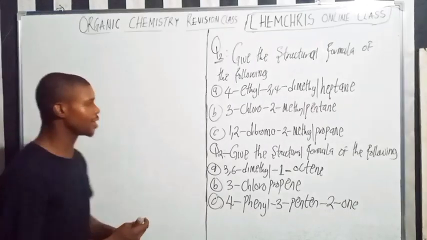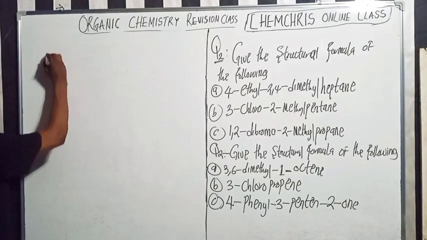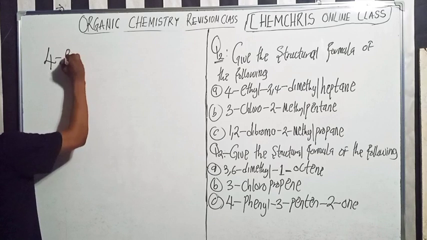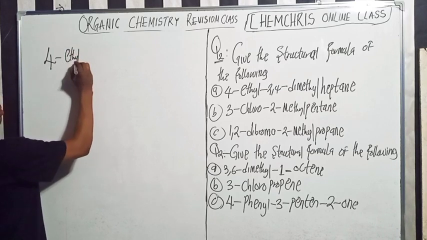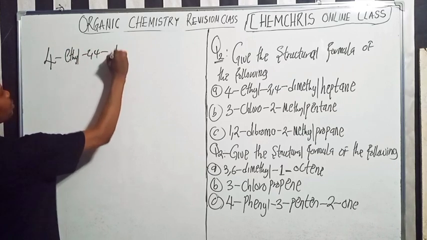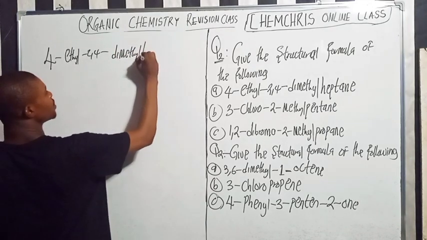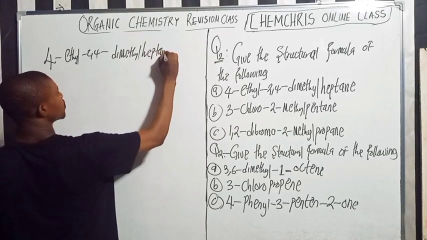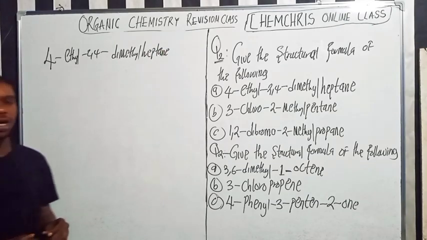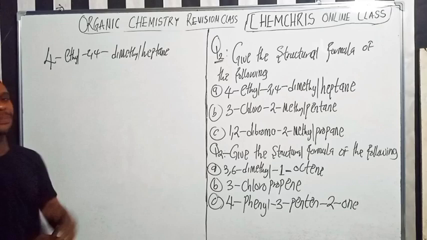So let's go into it. Let's take the first one. Here we have 4-ethyl-2,4-dimethylheptane. So how do you draw the structure from this IUPAC name?